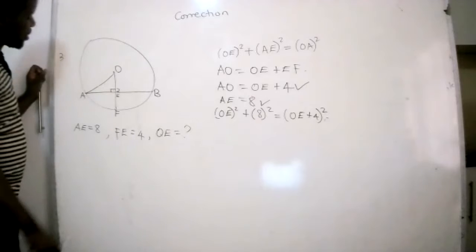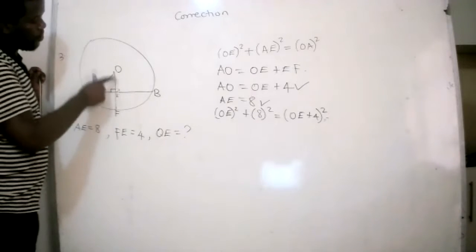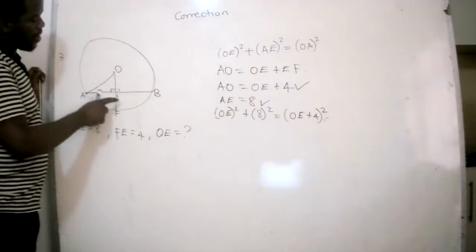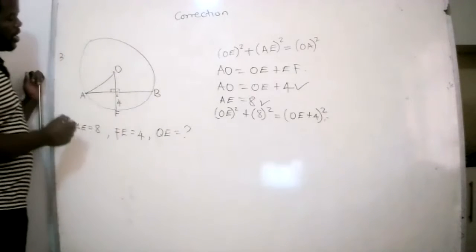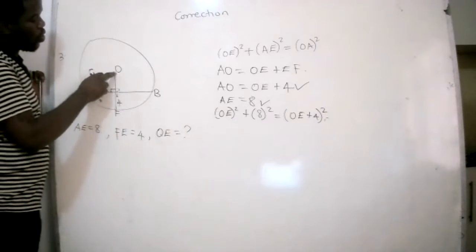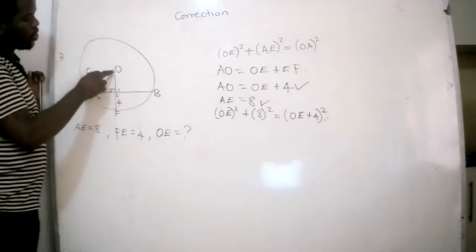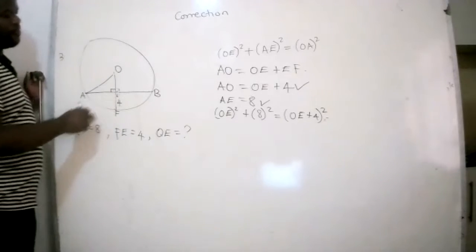The next step is just to write OA in terms of this distance here, because on this line we have information that is given. So we can write OA in terms of OF, of which OF is OE plus EF.